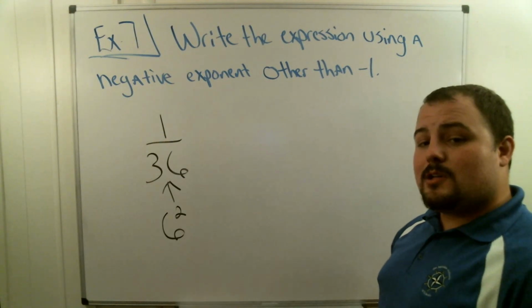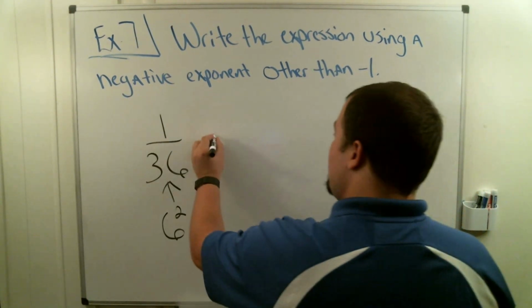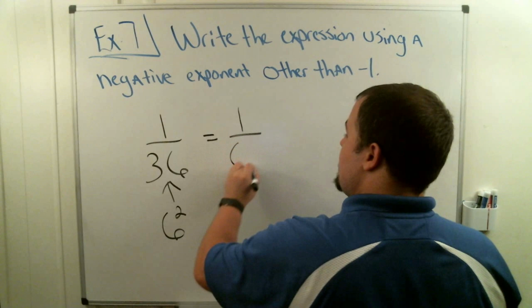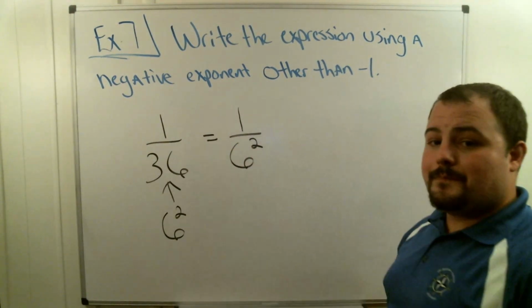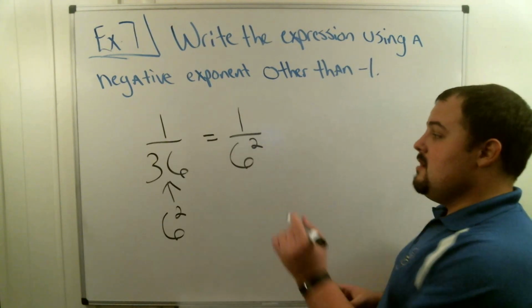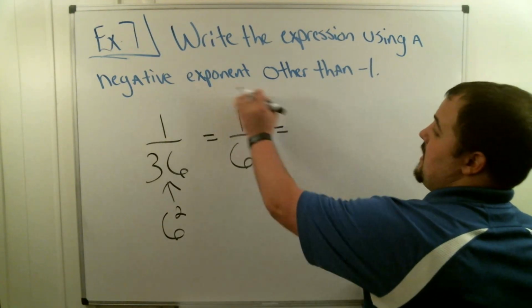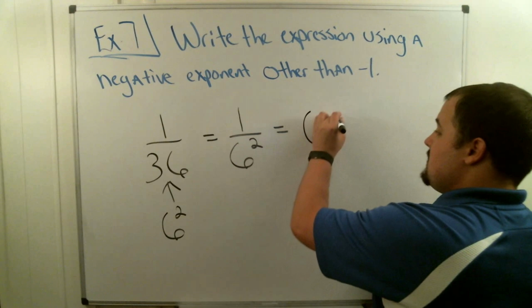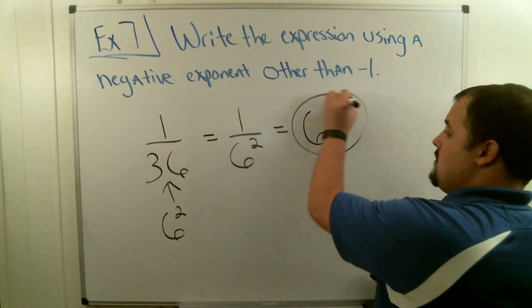So we could take 1 over 36 and say that it actually equals 1 over 6 to the 2nd power. Well, 6 to the 2nd power is a positive exponent on the bottom, which means that if I wanted to make it a negative exponent, I'm going to make it 6 to the power of negative 2.